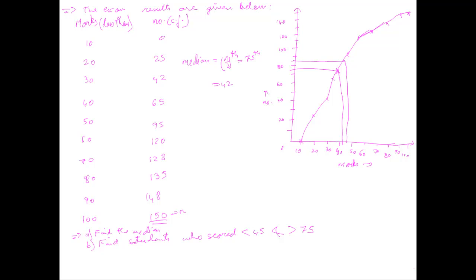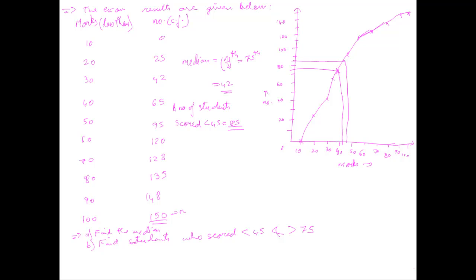This is the number of students, which approximately comes out to be 85 children. 85 students have scored less than 45.